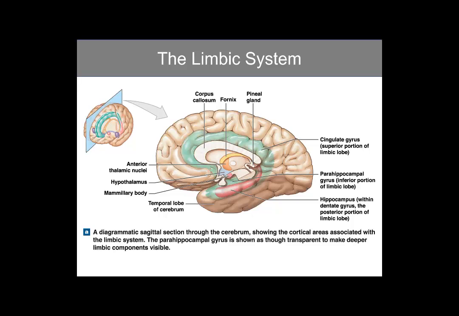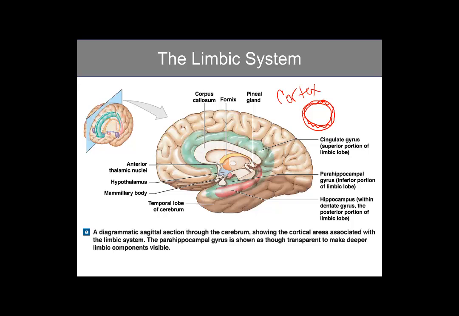In terms of the cerebral components, you can see here that there's several regions of the cerebral cortex. I don't think we've defined this term before, but the cortex of any organ is the outer layer. So if you were to look at an orange, for example, the rind of the orange would be the cortex. It's just the outer layer of that structure. So when I say cerebral cortex, I'm referring to the outer rind or the outer layer of the cerebrum.